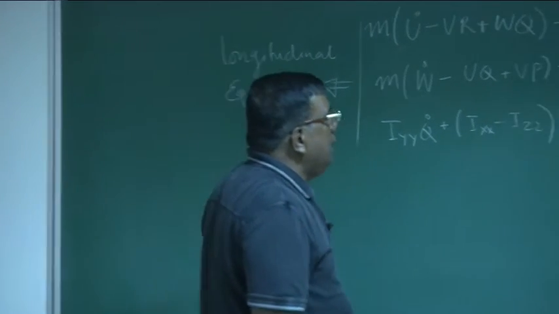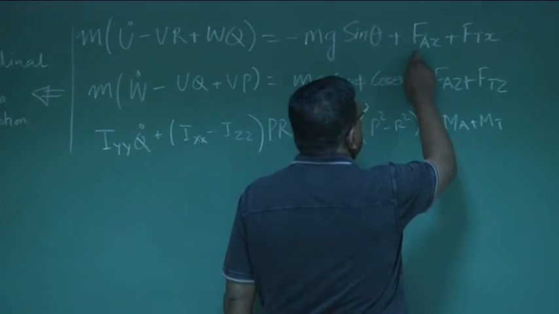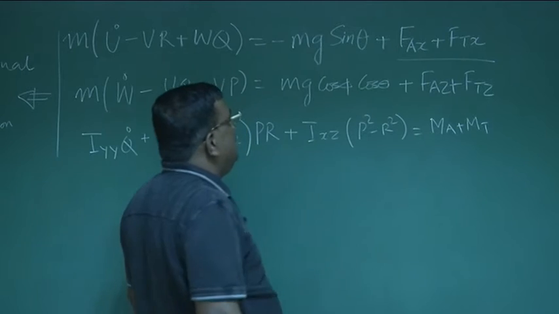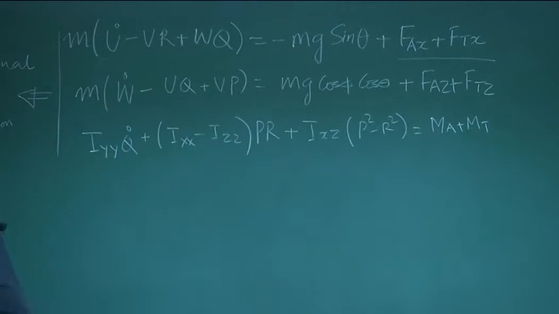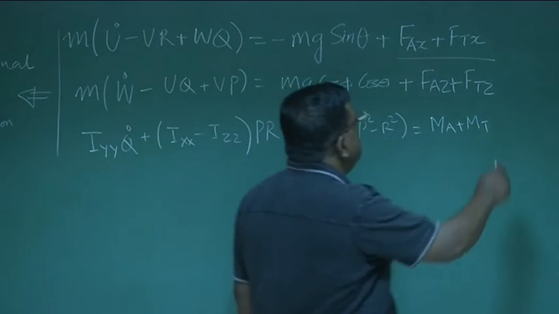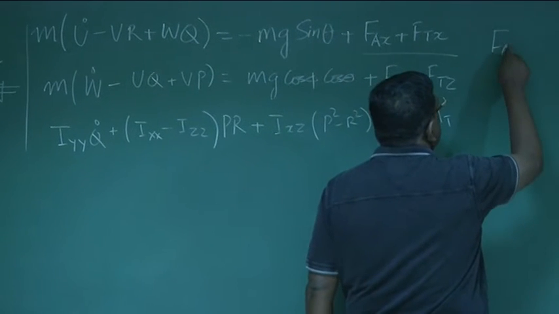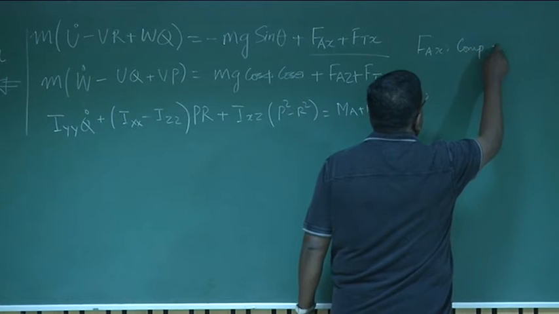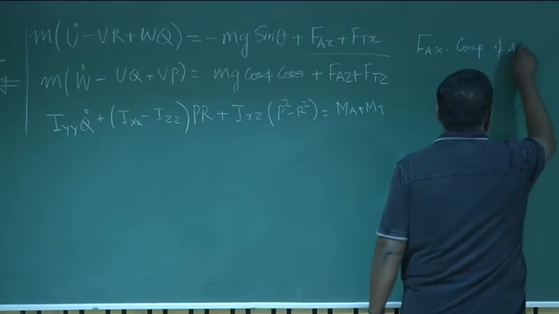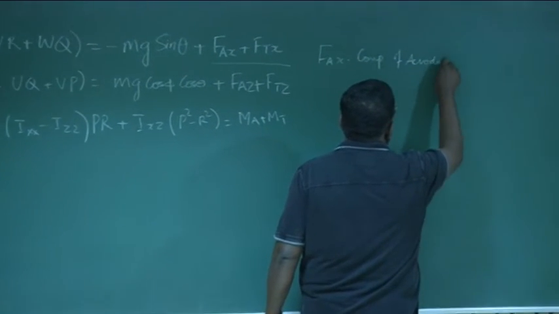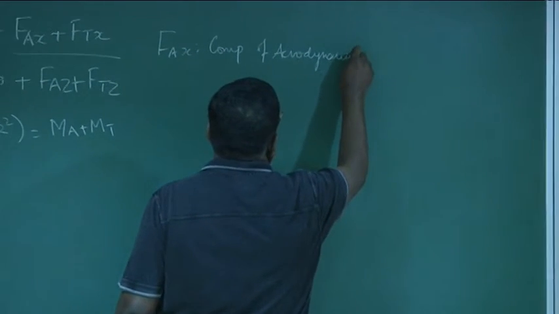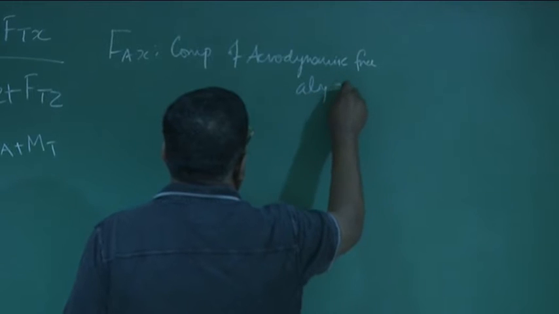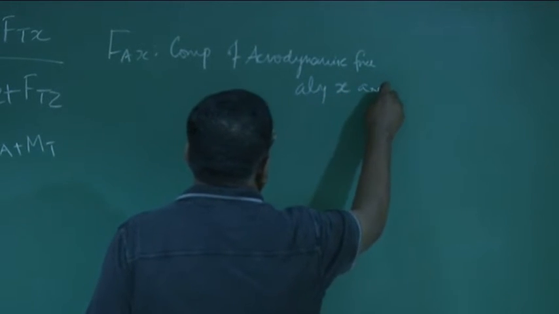Now here, when I have written forces along the x direction or along the u direction, that is FAX, A means aerodynamic forces. So FAX is the component of aerodynamic forces along the body fixed x-axis, right?